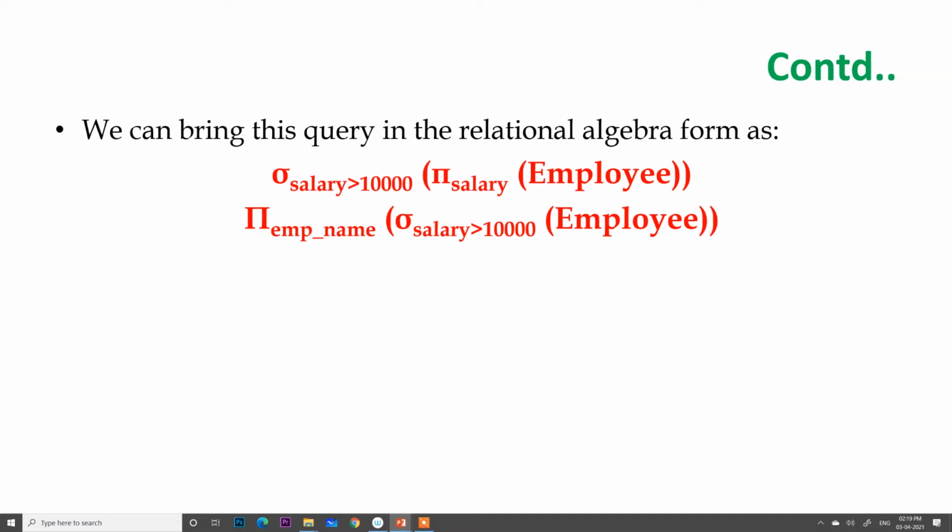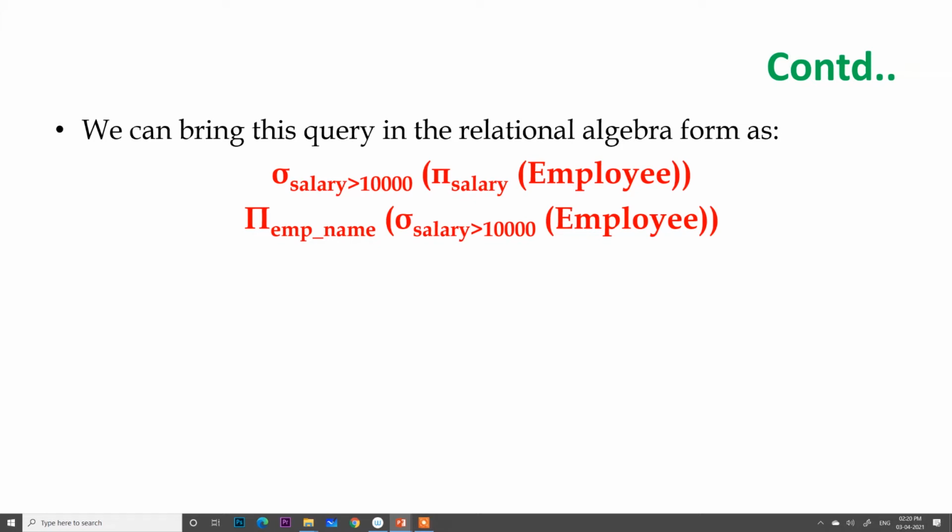The first expression is sigma salary greater than 10,000 of pi salary of employee. Whatever is given within the bracket will be executed first. So first the project operation will work. That is, it will display the salary attribute of your employee relation, and from the salary attribute all the salaries which are greater than 10,000 will be selected.